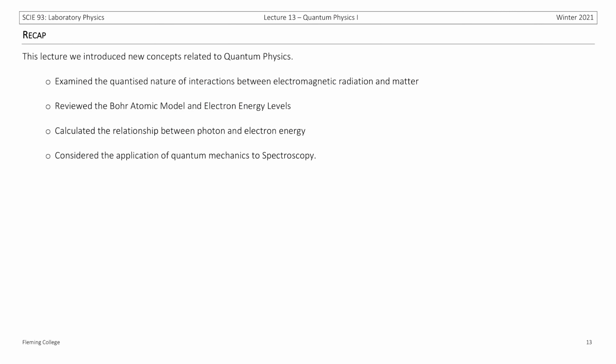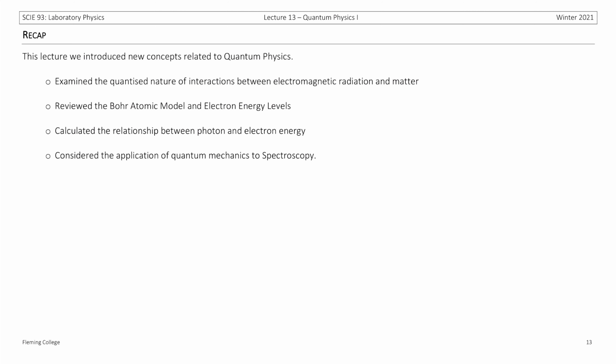This lecture, we began our look at quantum physics. So we examined the quantized nature of the interactions between electromagnetic radiation and matter, so light sources and atoms of substances. To do this, we reviewed the Bohr version of the atomic model and the energy levels associated with electron orbits that are possible for each atom.